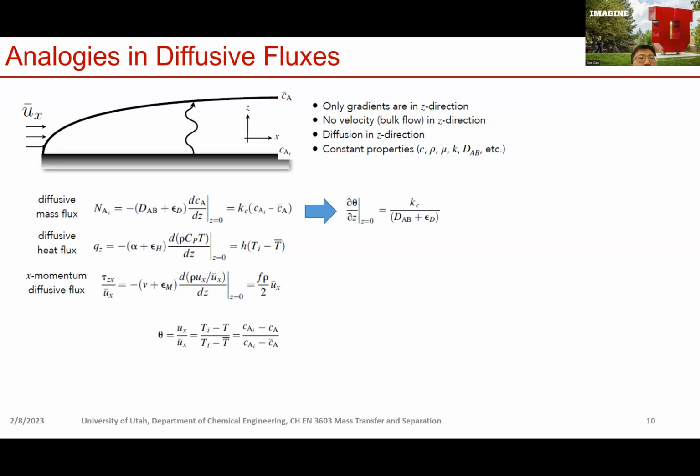When we have a flow across a solid surface, in the direction perpendicular to the solid surface, there's no bulk flow. And in this case, for an example with only laminar flow, the only mass transfer mechanism perpendicular to the solid surface is molecular diffusion.